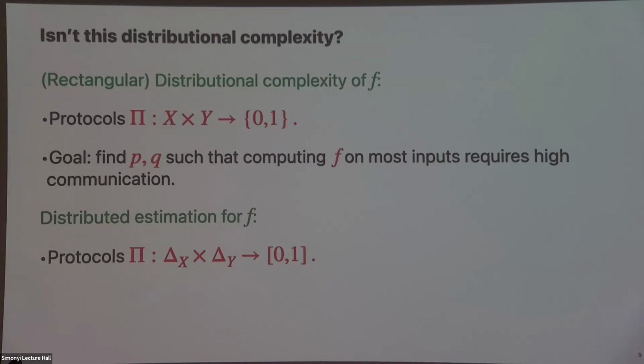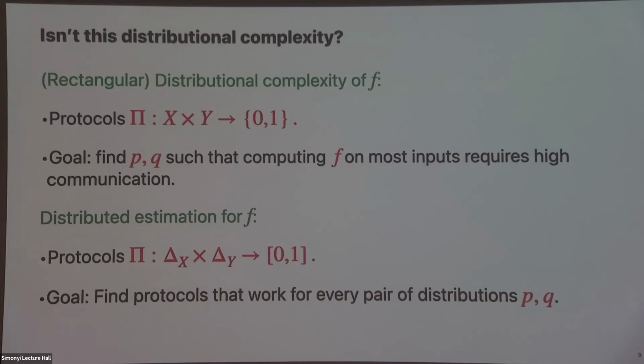They take distributions as inputs and they output a value. And now we're not looking for some one bad distribution. We're looking for protocols that work for any pair of distributions. Right? So there's just some superficial similarity, but it appears that none of you are confused by this. So, I shouldn't have brought this up.